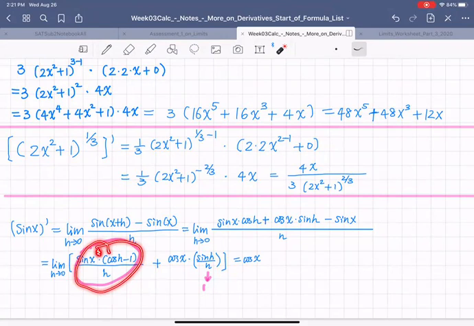So we have to accept those things at this moment. Based on this assumption and this one, this equals cosine x. So the sine x derivative equals cosine x, and this is the important formula we have to remember.